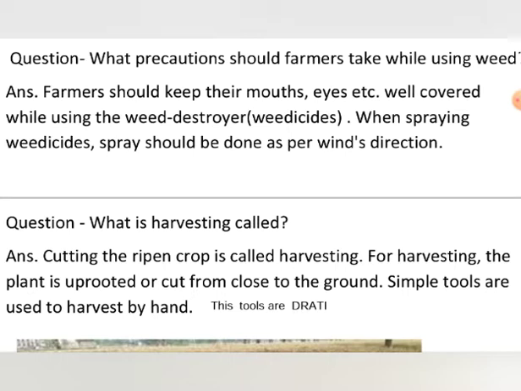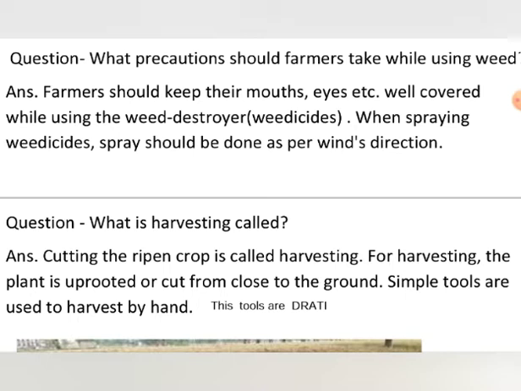Another is that while spraying the weedicide, the spray should be done as per the wind's direction. When a farmer sprays this chemical on the crop, he should take care of the direction of the flow of the wind.